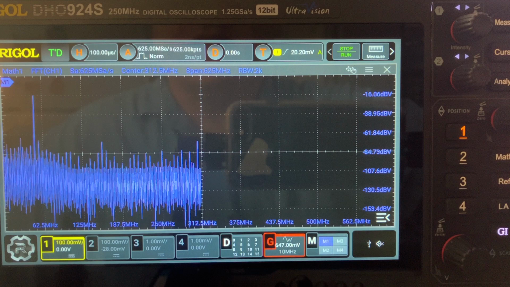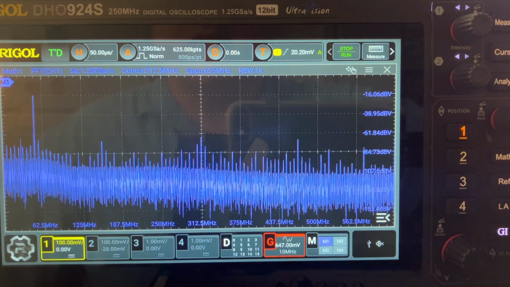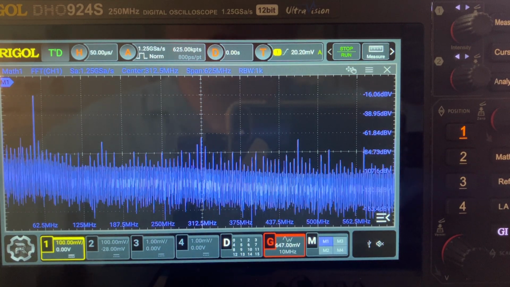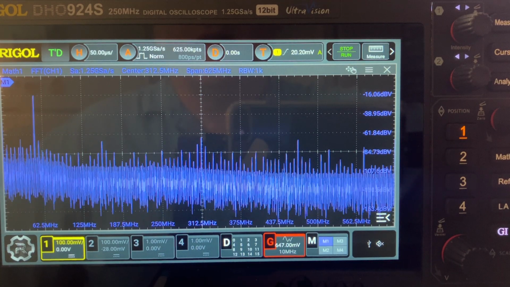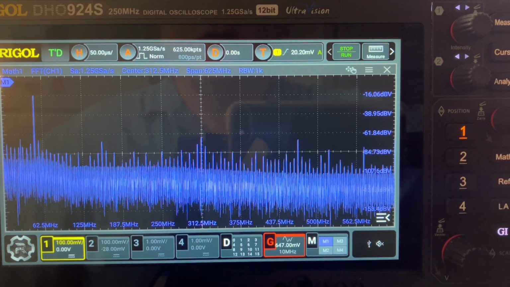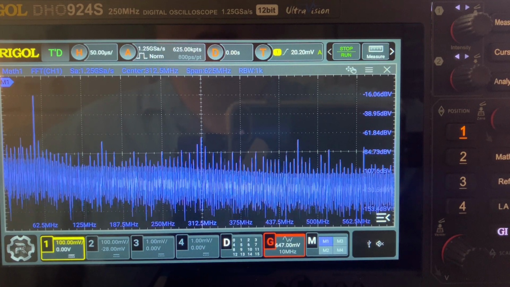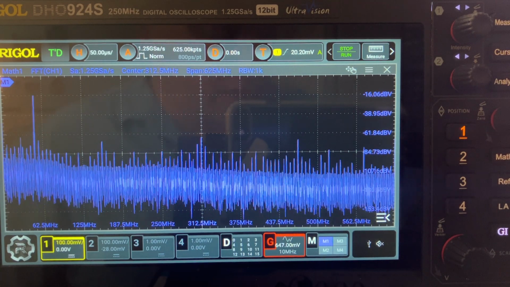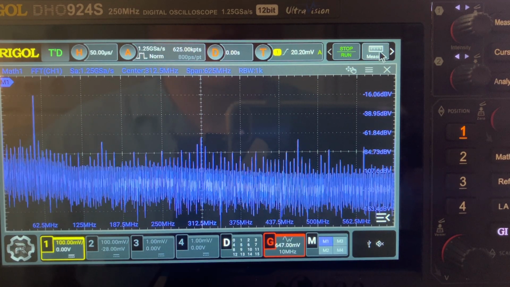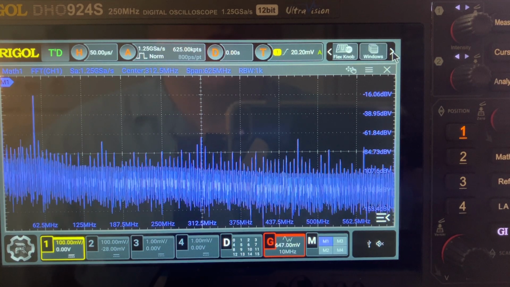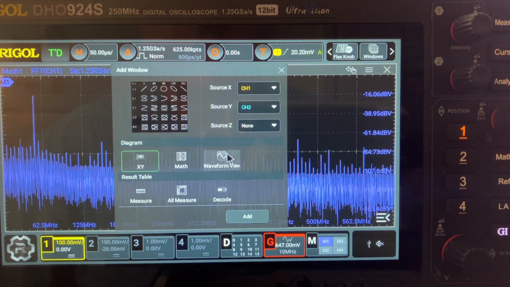And now something happened. The amount of memory is limited on the scope for its analysis. So at 125 gigasamples per second, it is able to put 625 points on the display. Let me have a look at the display again just to show you.